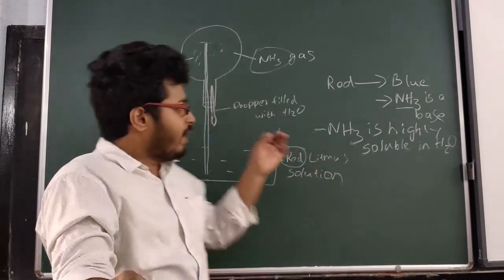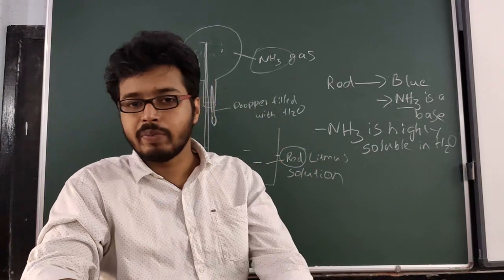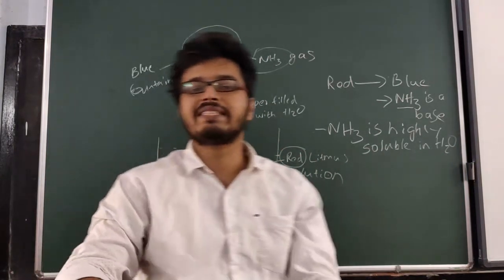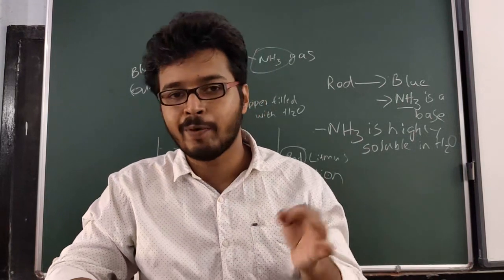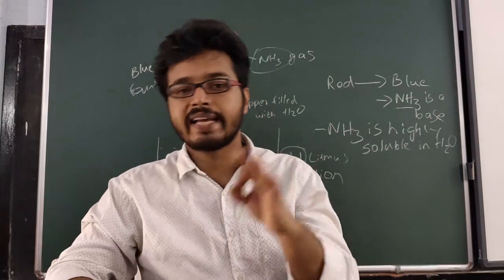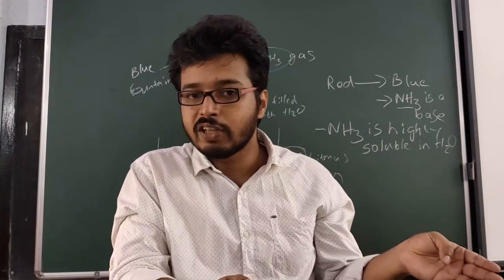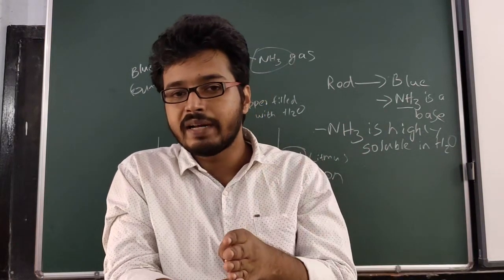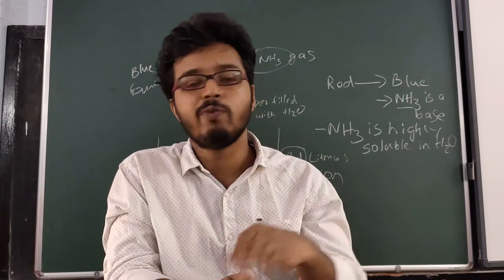Similarly, ammonia is also a gas which is highly soluble in water. So now we have discussed one chemical property as well as one physical property of ammonia. The chemical property that we discussed was the basic nature of ammonia. The physical property that we discussed was the high solubility of ammonia in water.